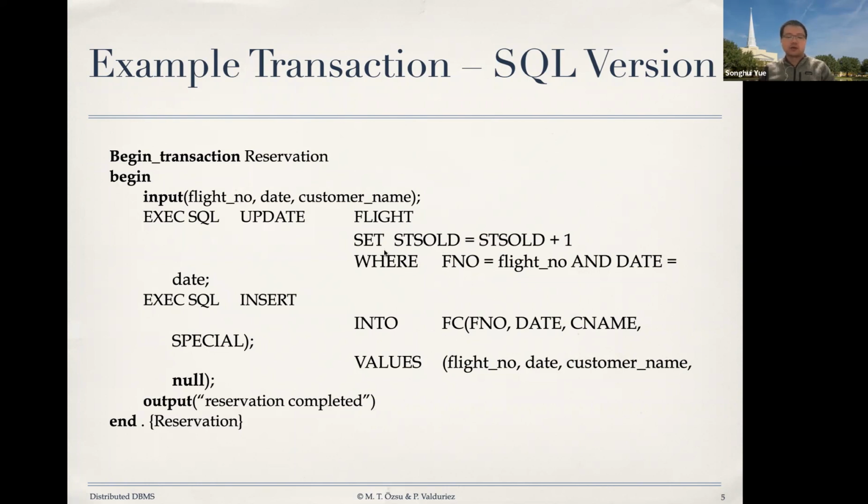All right, so suppose that the first one is updated, however, the second one is not, so that will cause a problem. So that means that it either succeeds together or fails together, so that if it fails, it will not make any modification to either of the two tables.